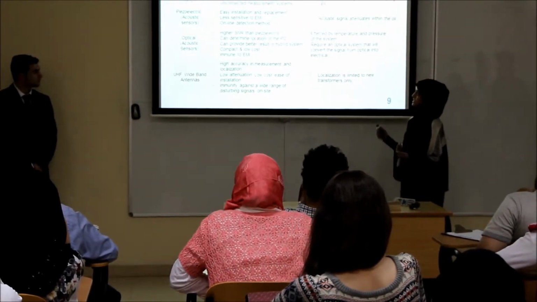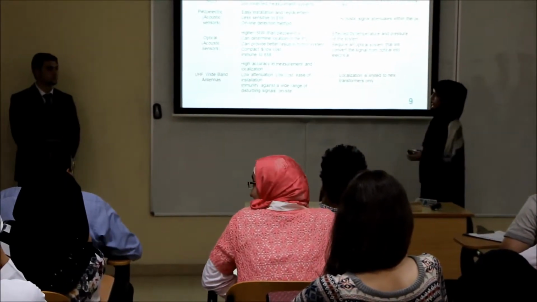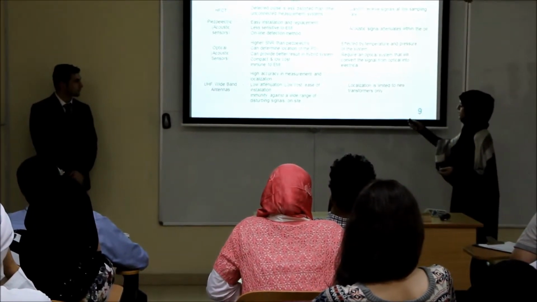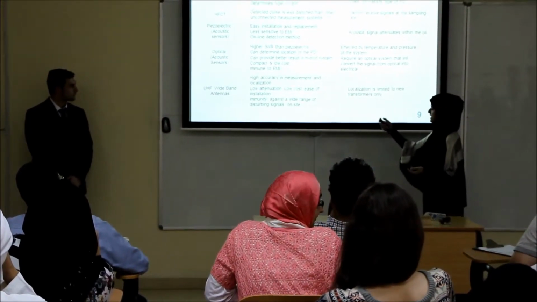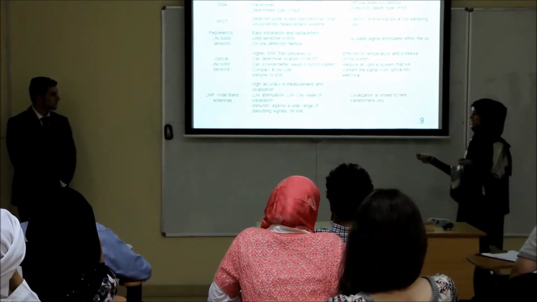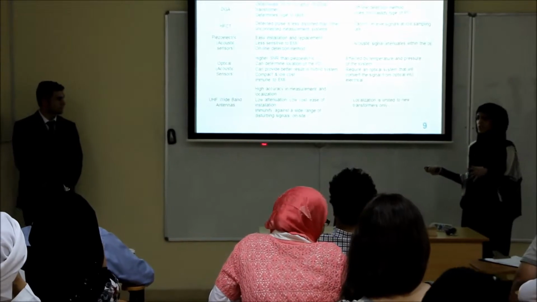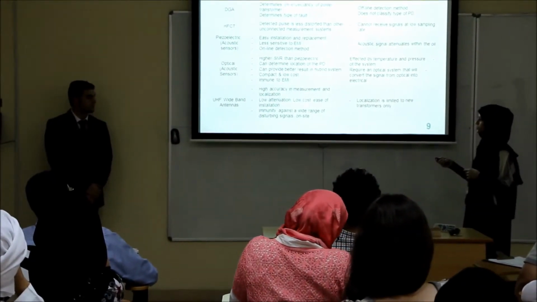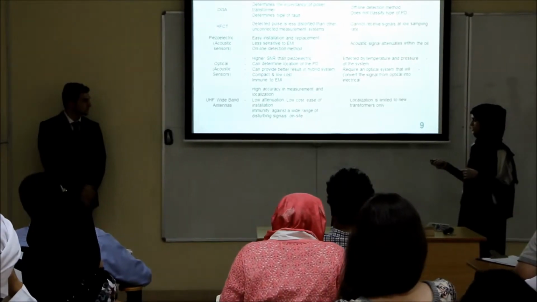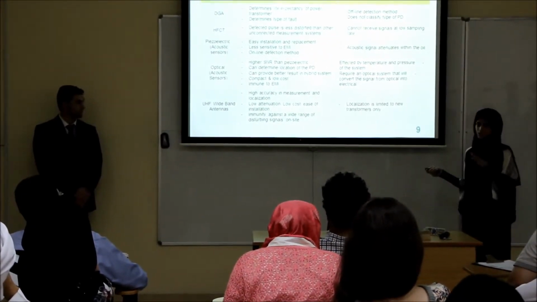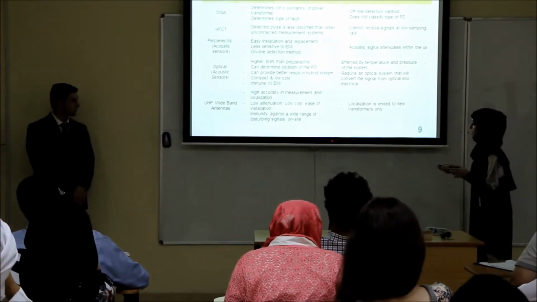In order to determine the detection method we're going to implement in our project, we listed the advantages and disadvantages of each, and we found that the UHF wideband antennas, in terms of accuracy and signal-to-noise ratio, are better than the other types, in addition to the low attenuation, low cost, and ease of installation, and their immunity against a wide range of disturbing signals.